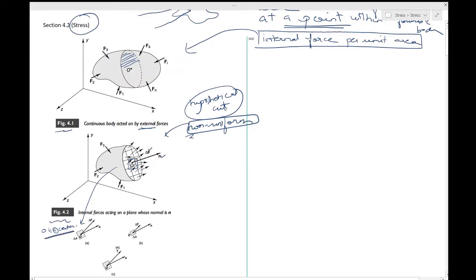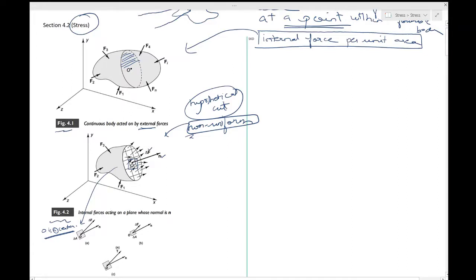of this small area. There will be a force delta F acting, which is inclined to the surface delta A by some arbitrary angle. Now, when we consider the problem of describing completely the action of the force vector delta F, we have to specify the orientation and size of the face on which delta F acts, the magnitude of delta F, and the orientation of delta F with respect to the face.